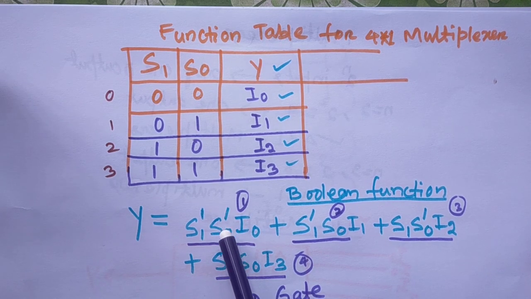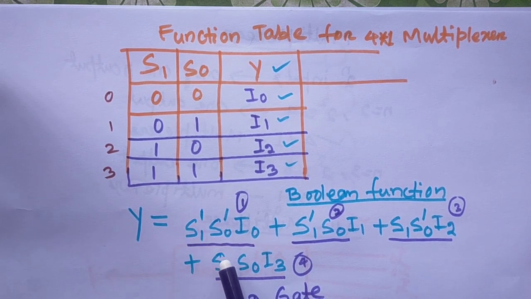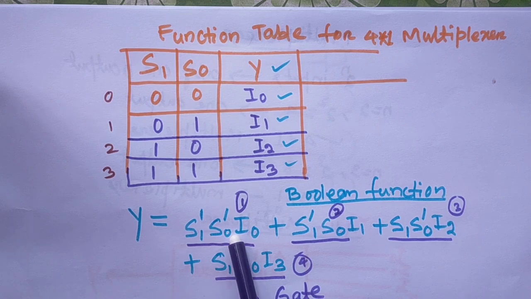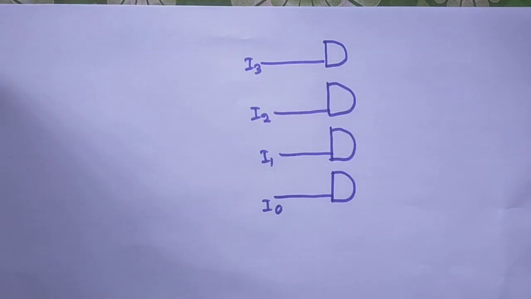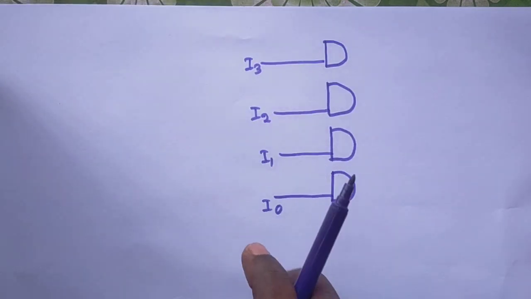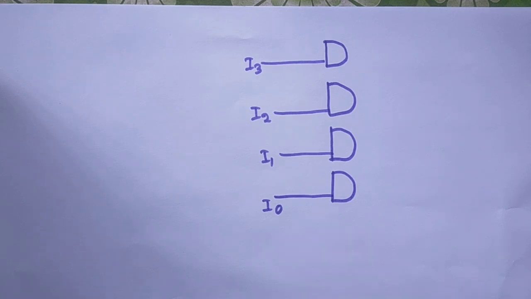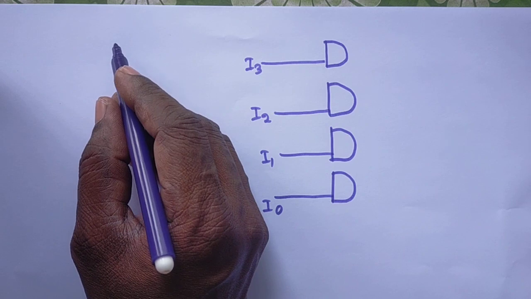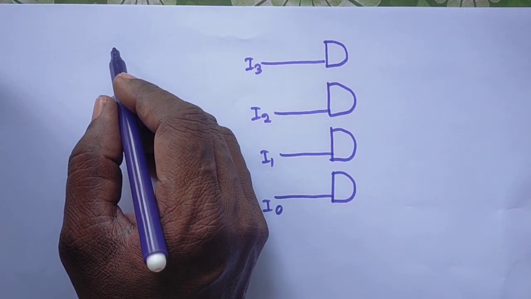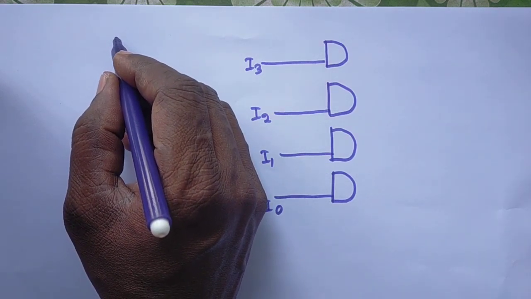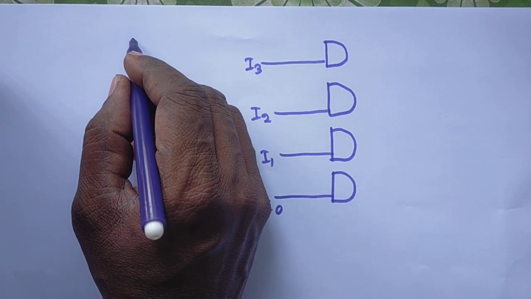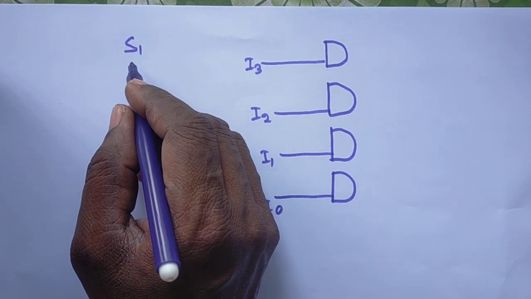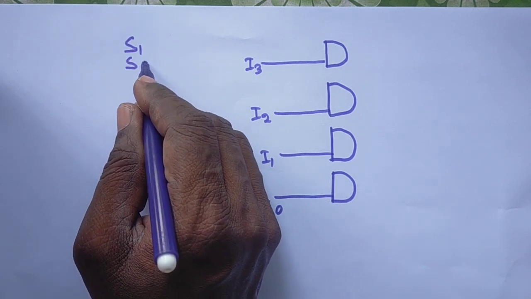Sometimes S0 complement and S1 complement, but we have to consider two inputs, S0 and S1. Now we see how I will draw that: S1 and S0.